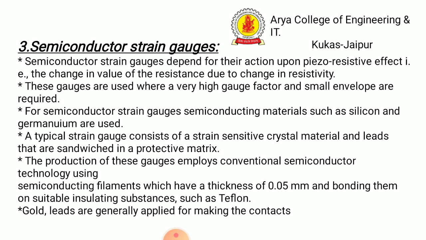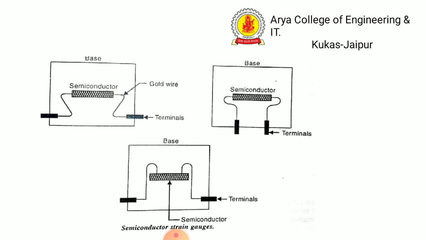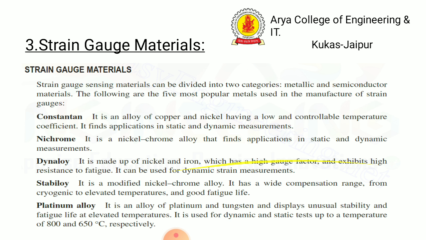Gold leads are generally applied for making the contacts. Now, these are the semiconductor type strain gauges in simple construction. So these are the very important points for semiconductor type strain gauges.